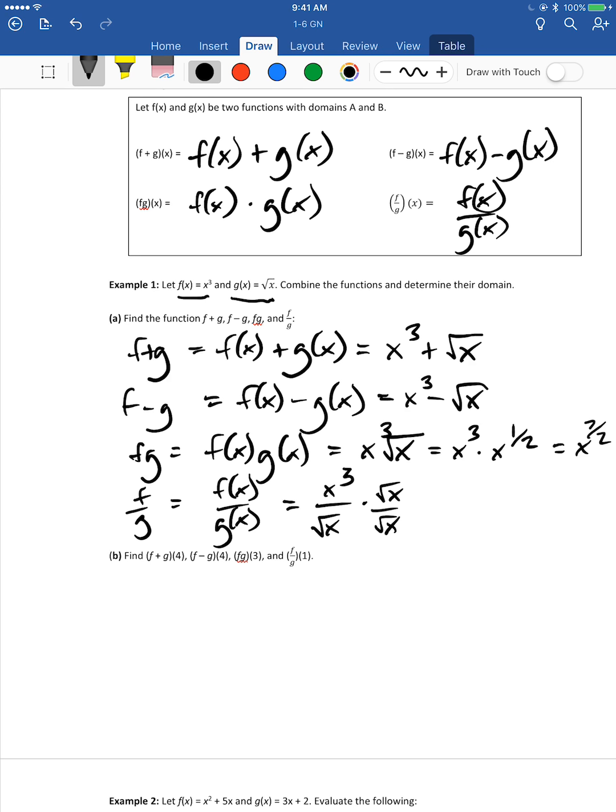This is really 1 as square root of x over the square root of x, but it gets rid of that radical. Square root of x times the square root of x is x. And now we can cancel an x in the numerator and the denominator, and we're left with x squared times the square root of x, or x squared times x to the 1/2, or x to the 5 over 2.